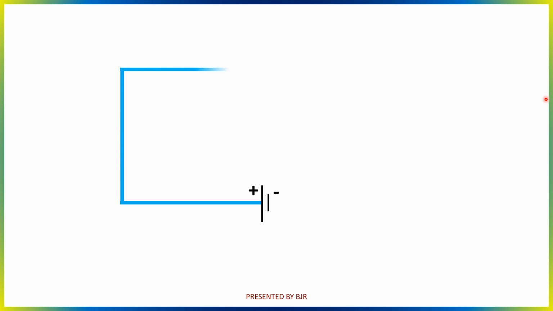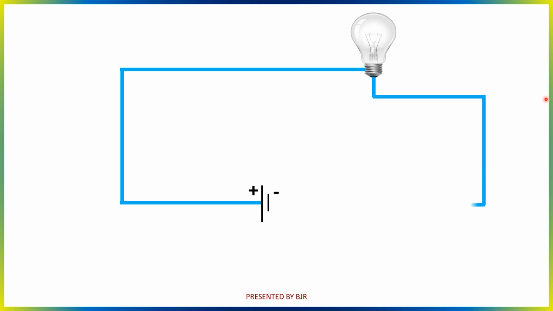So we have to show in all our next coming circuits only conventional current. You can see here is a battery. I am connecting this battery to a bulb through the connecting wires. Here the circuit is kept open.